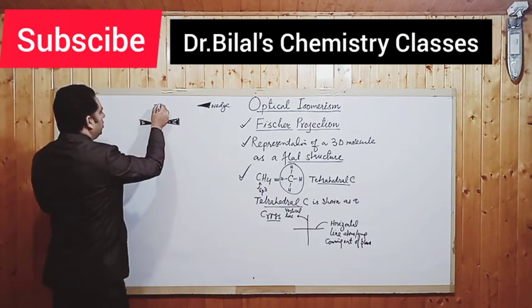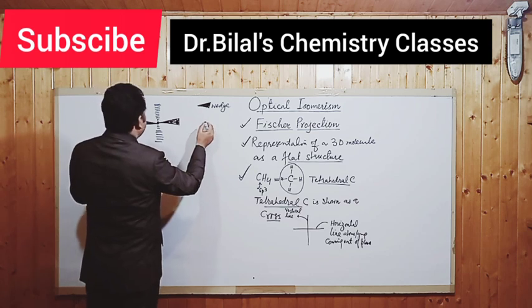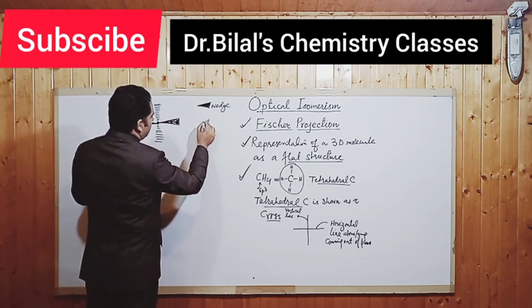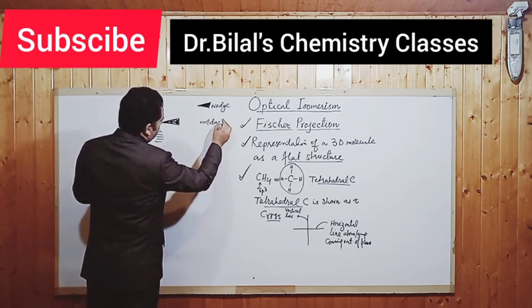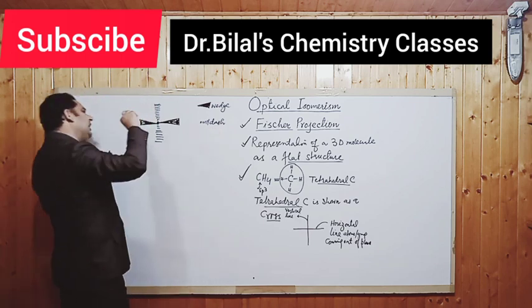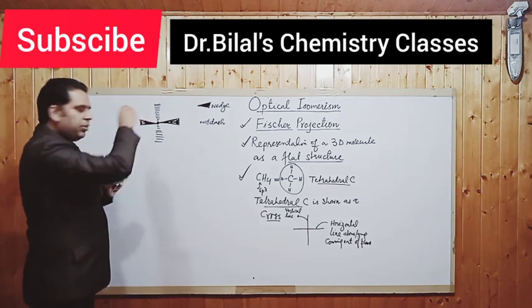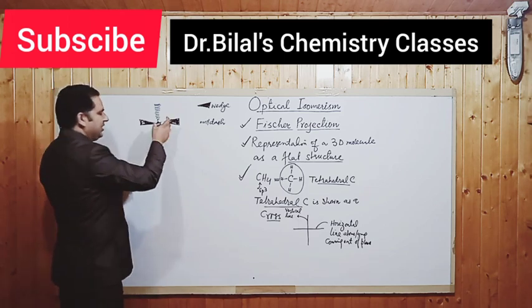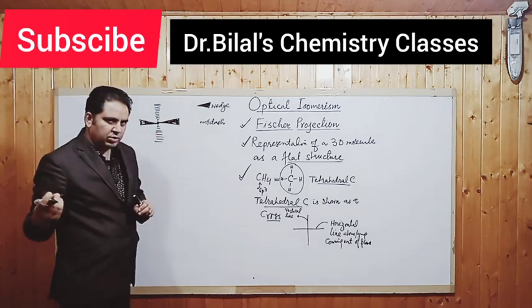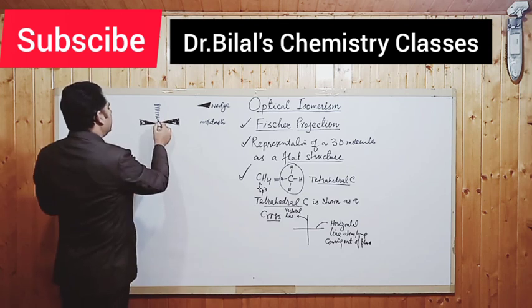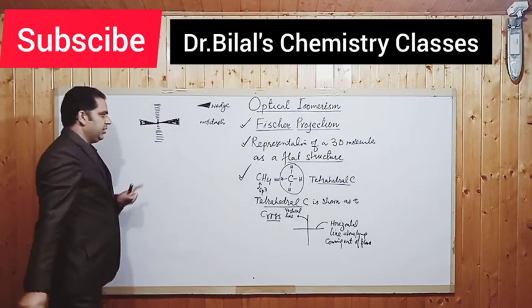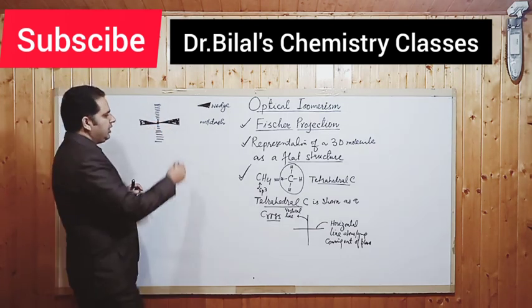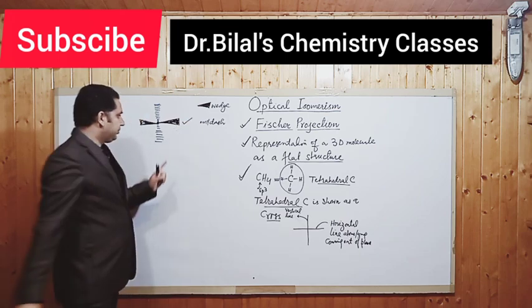This is known as dash. They are getting into the plane, just like a screw. So the horizontal wedge is coming out of the plane, and the dash is getting into the plane. Okay, so this is how we can show this molecule.